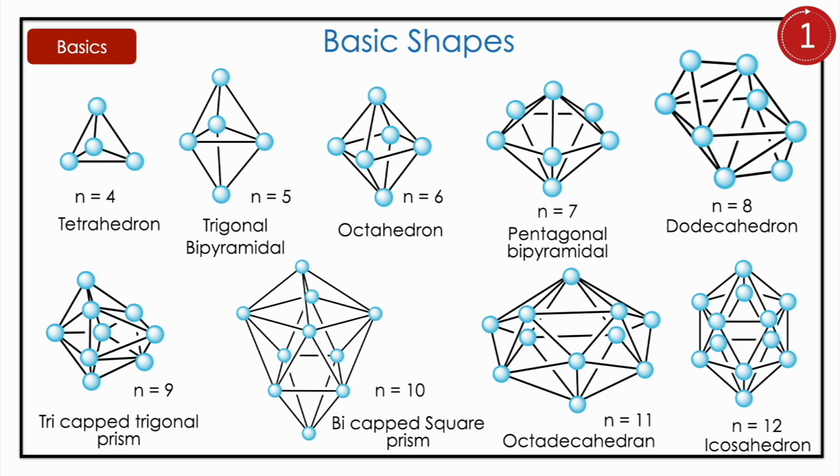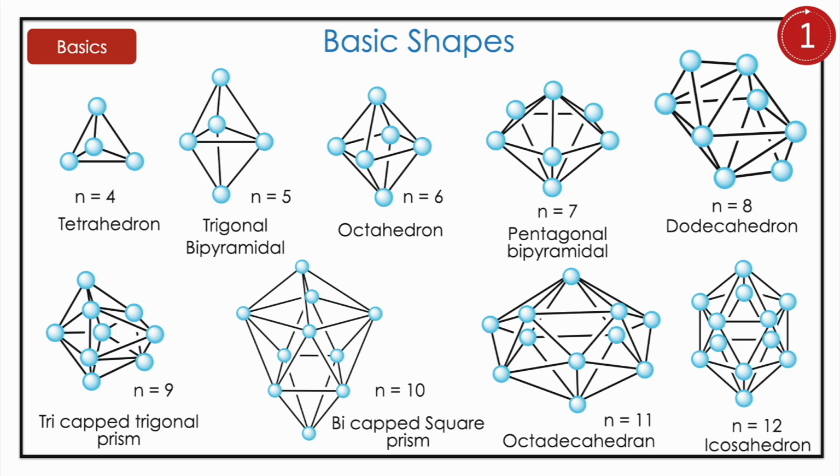Before getting into the detail, you should know the basic shapes. Then only you can understand Wade's types. Shapes are normally dictated by the vertices. 4 vertices mean tetrahedron, 5 mean trigonal bipyramid, 6 mean octahedron, 7 mean pentagonal bipyramid, 8 mean dodecahedron, 9 mean tricapped trigonal prism, 10 mean bicapped square antiprism, 11 mean octadecahedron, 12 mean icosahedron.